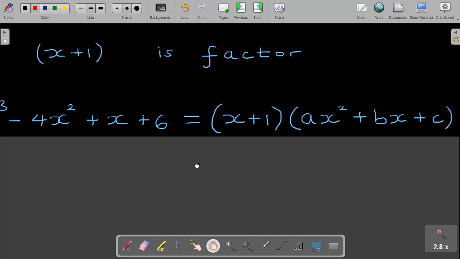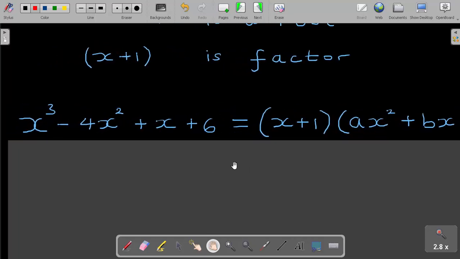Now, note something here: to begin with, because this is 1x cubed, and I can see this was x into ax squared, I can only get x cubed by multiplying x times ax squared. So because I must get positive 1x cubed, it means that my a has to be positive 1. Why?